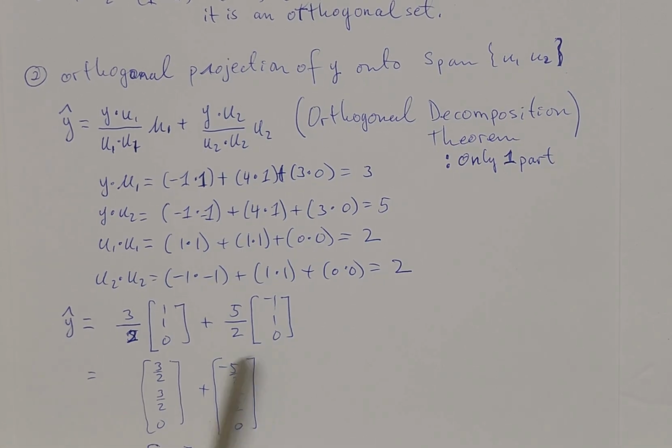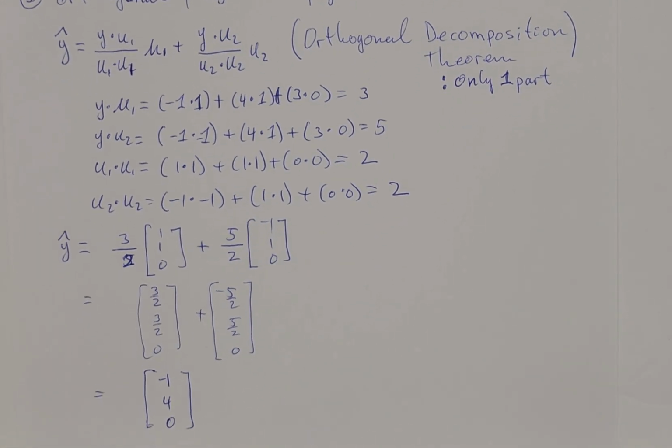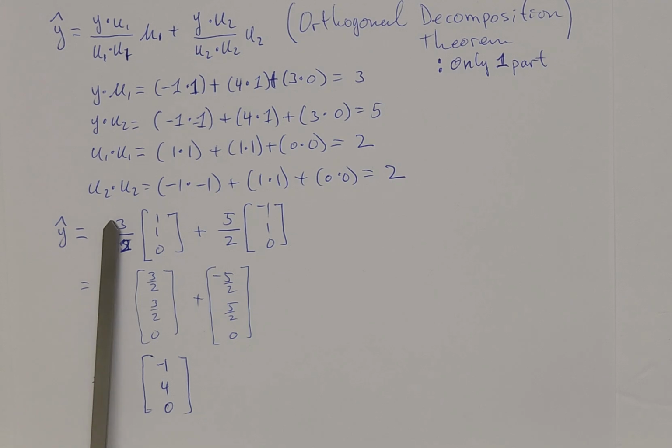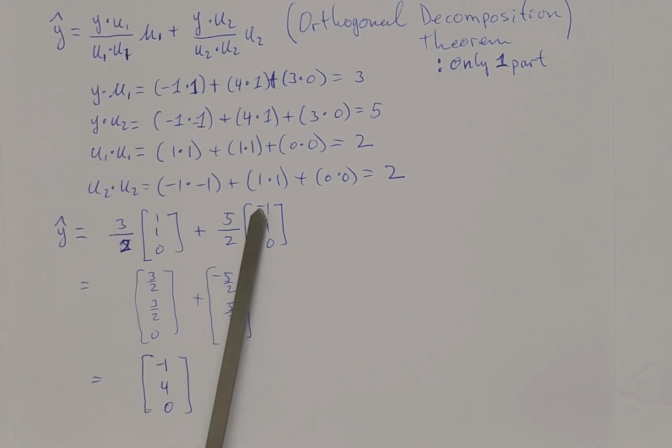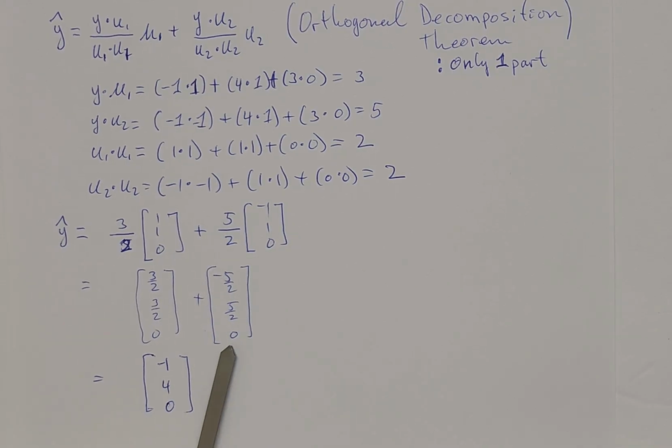After that, just multiply all the way across and add. So 3 over 2 times 1 is 3 over 2, 3 over 2 times 1 is 3 over 2, 3 over 2 times 0 is 0. 5 over 2 times -1 is -5 over 2, 5 over 2 times 1 is 5 over 2, and 5 over 2 times 0 is 0.